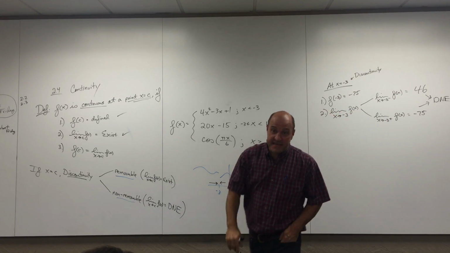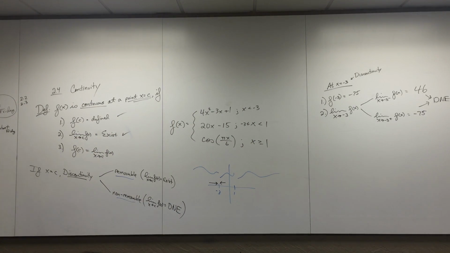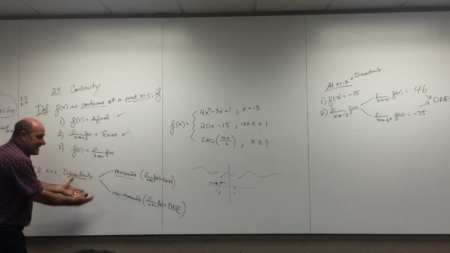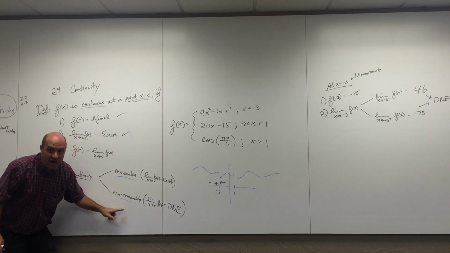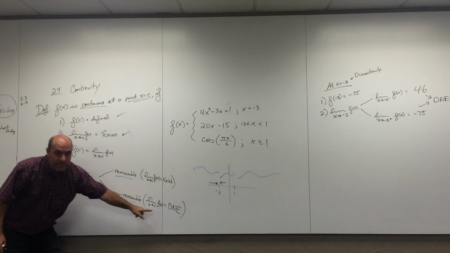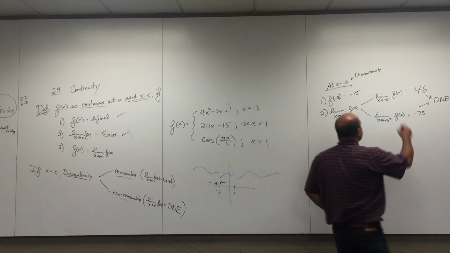And which type is it? Is it removable or non-removable? I don't have a good visual necessarily of this, but I got this idea. When it fails the limit problem, when the limit does not exist, it's non-removable. So I'm going with that.